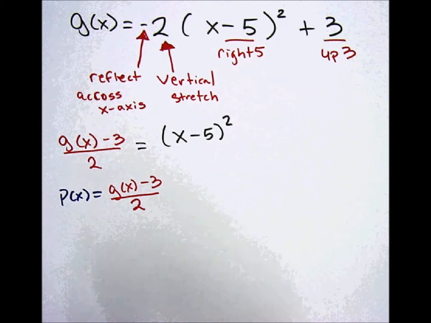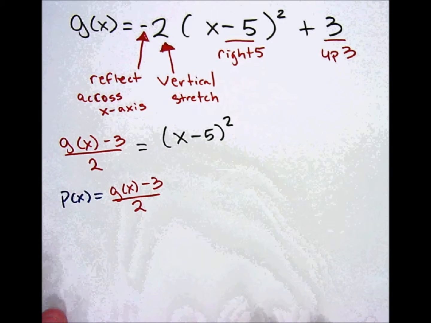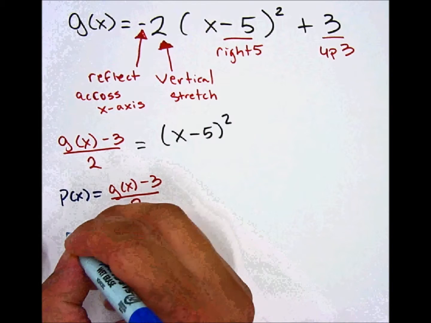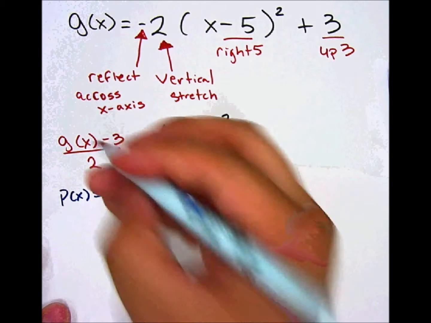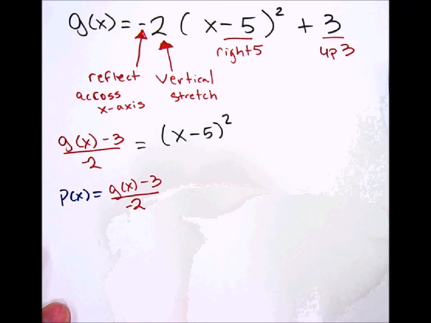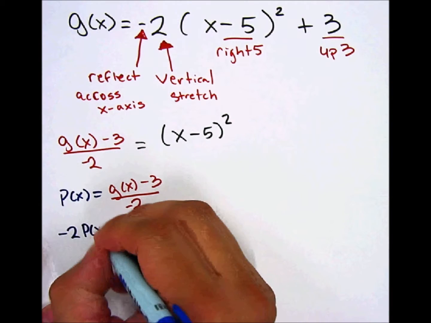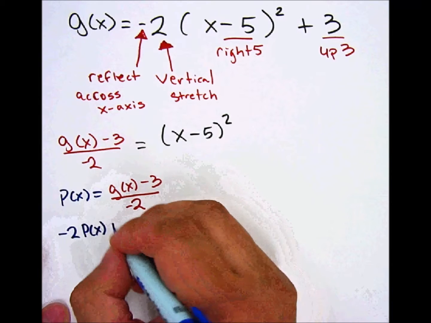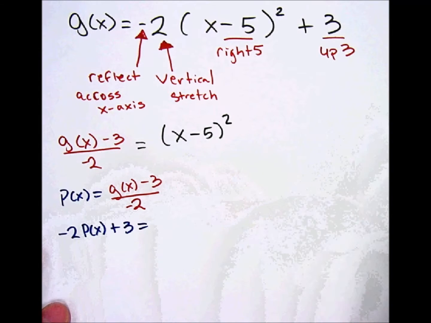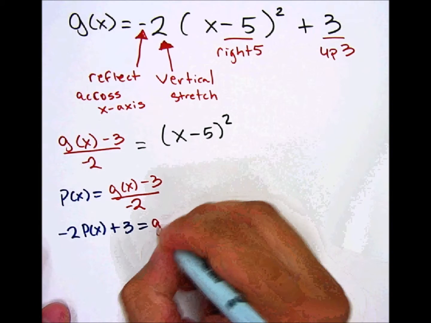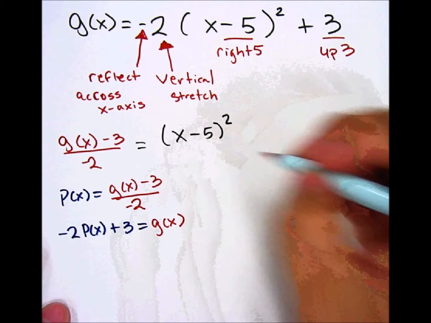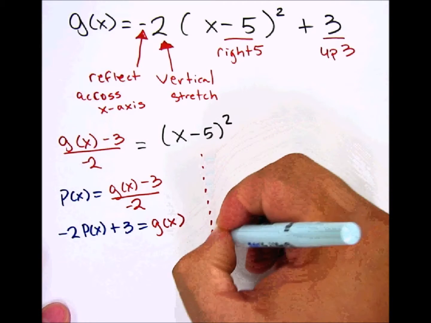So if I want to know the other way, I'm going to solve like we did before, which would give me, oops, that should be a negative 2, negative 2 times the y values of the parent function plus 3. And if I did that to them, I would get the y values of the function g of x.